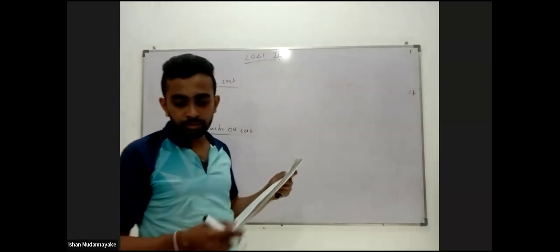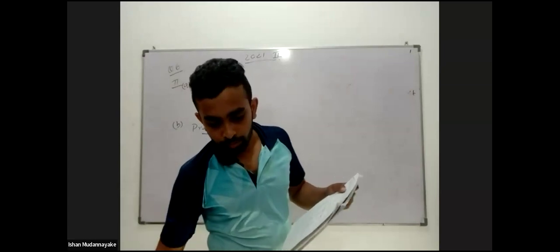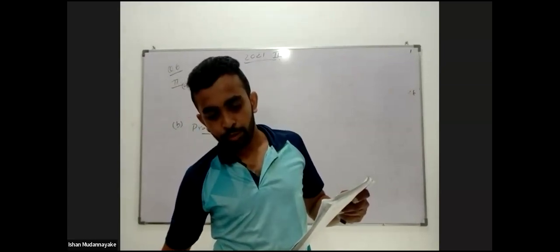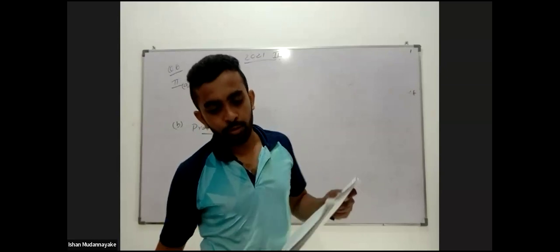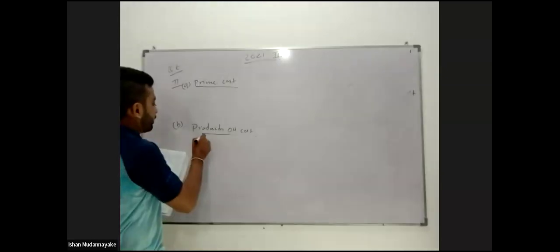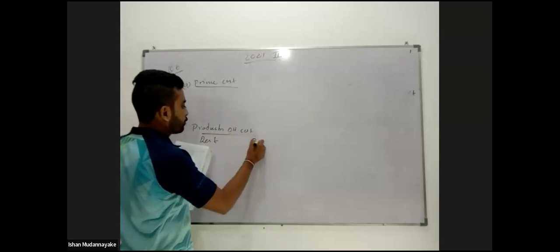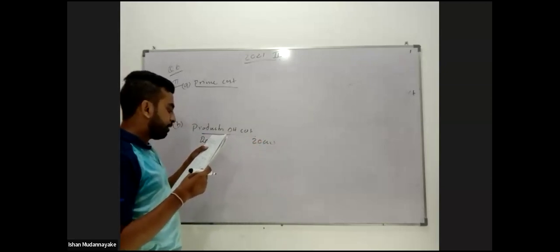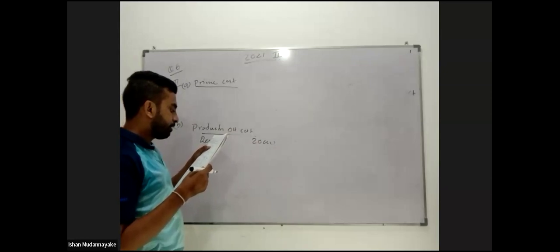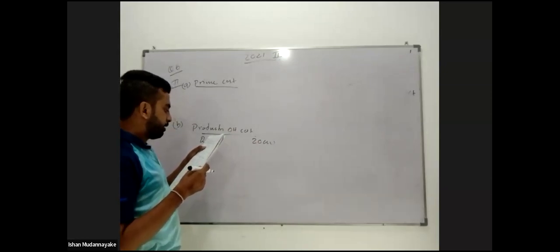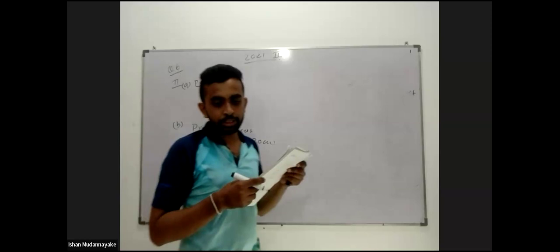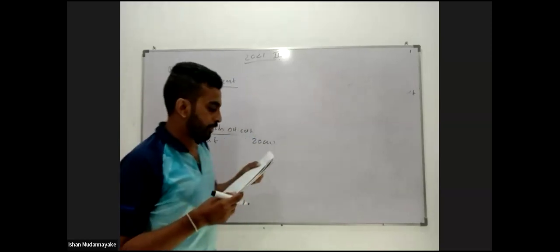Right. Building rent. Now building rent belongs to what? Building rent belongs to production overhead cost. Rent 20,000, production overhead cost. Wages. Wages belong to what?